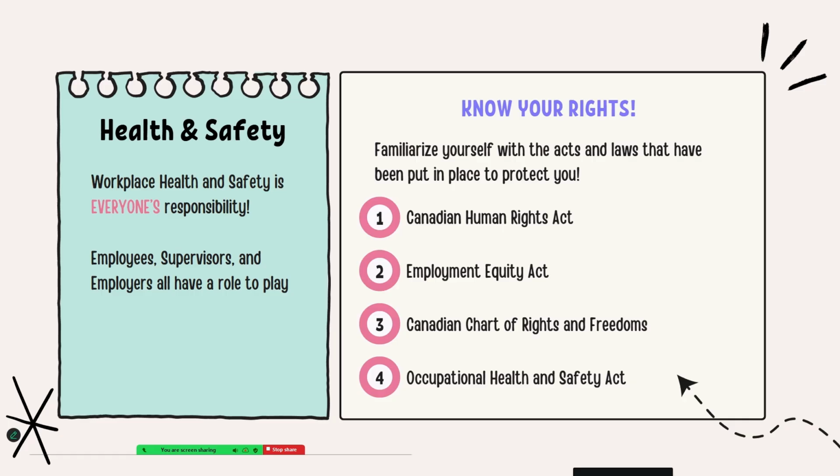If you are familiar with these, you can confidently ask for certain things in the workplace or at home or in public, wherever you are. When you are knowledgeable, you are powerful in standing up for yourself and others.